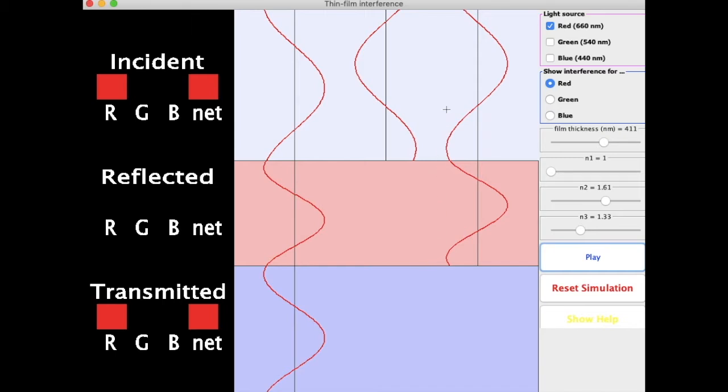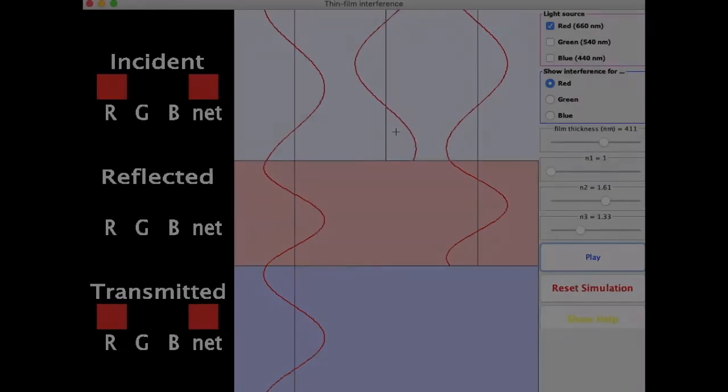But the path difference doesn't only depend on the thickness of the film, because the wave is traveling at different speeds in the different mediums. So we have to factor in the index of refraction of the medium that is causing a slowdown, so more delay than only traveling a further distance.